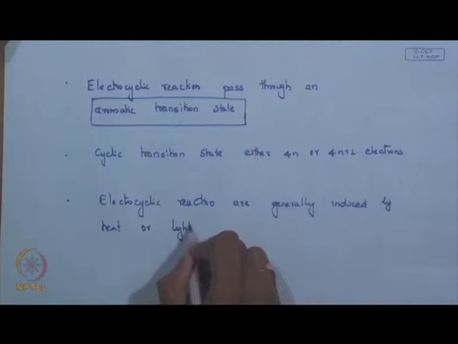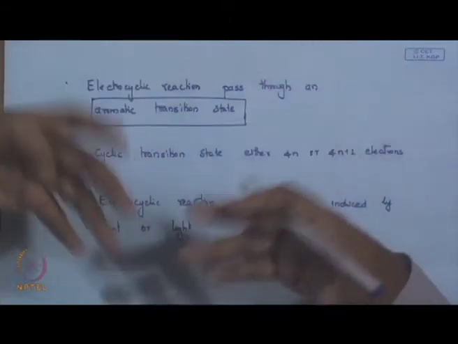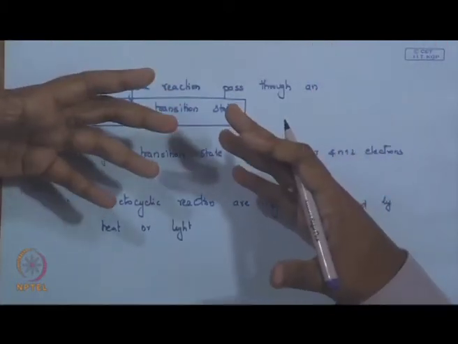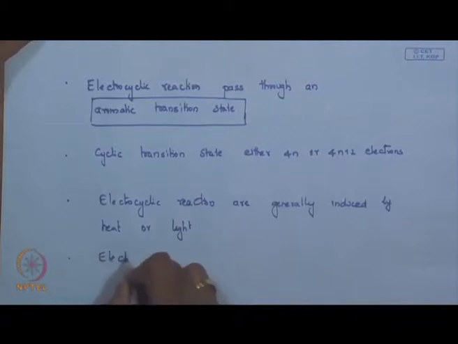To carry out an electrocyclic reaction, either you heat the system, or on the other hand you can shine light on the system, so that it can undergo this cyclization reaction. And one more important point which you have to remember is that electrocyclic reactions are reversible.